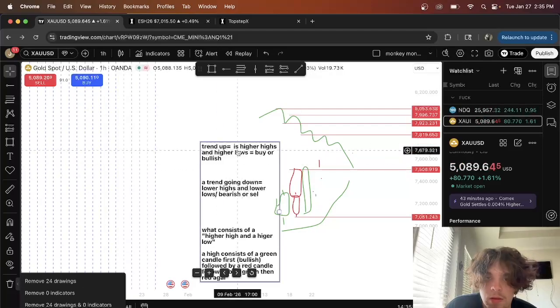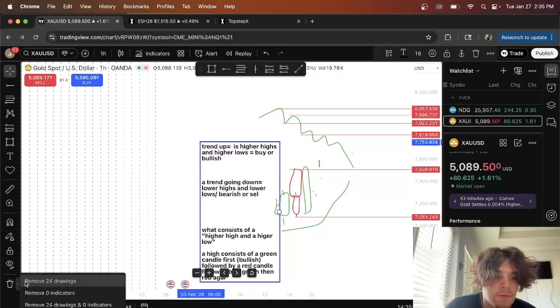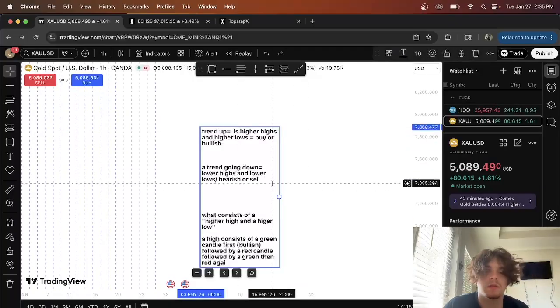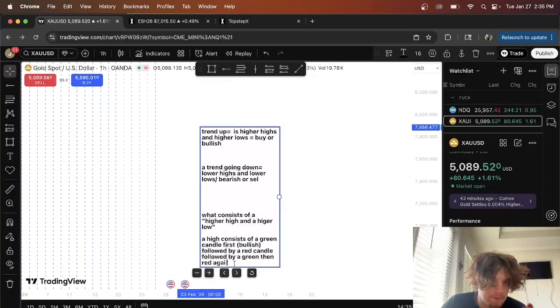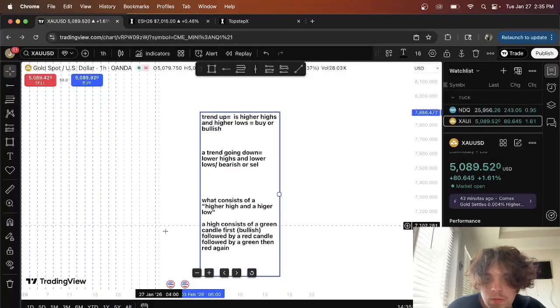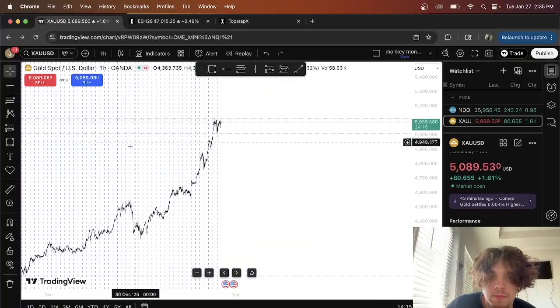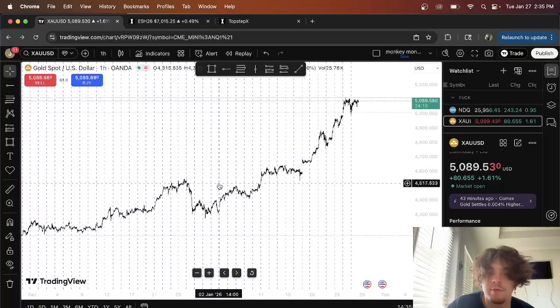So, again, what constitutes an uptrend? Let's go look at the chart. Even before scrolling in, all you see is black, right?